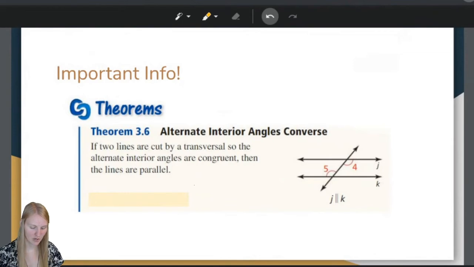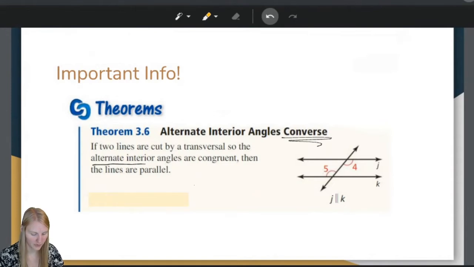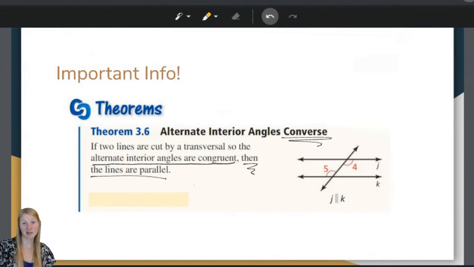Alternate interior angles converse. All the theorems we talk about today are going to be converses because they've switched the if and the then. They've switched the hypothesis and the conclusion from our theorems from the last video. So now, if two lines are cut by a transversal, so the alternate interior angles are congruent, then the lines are parallel.